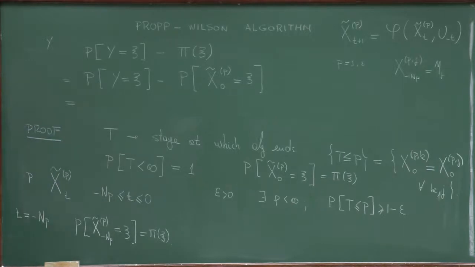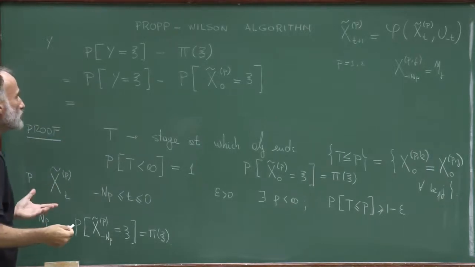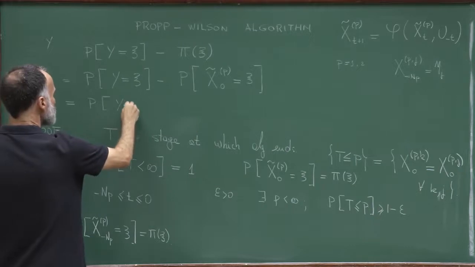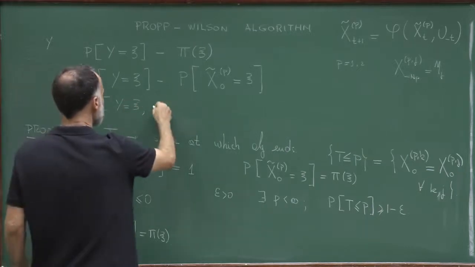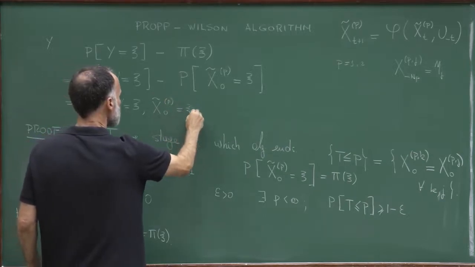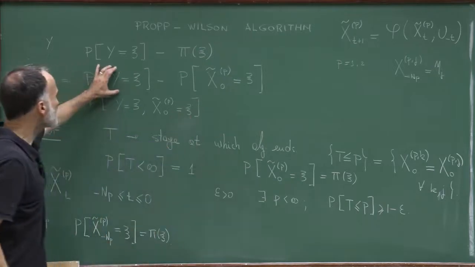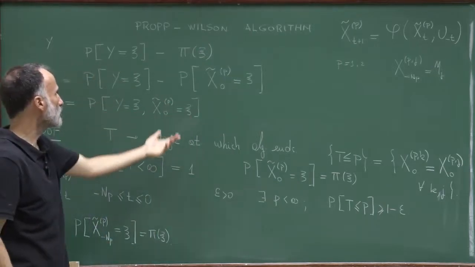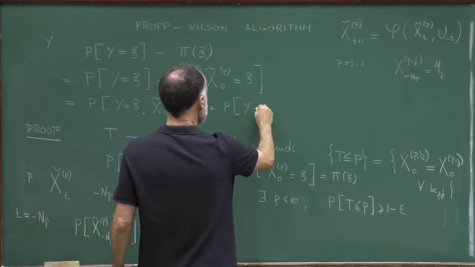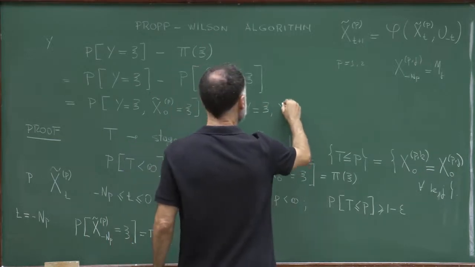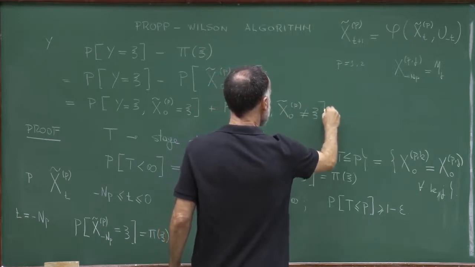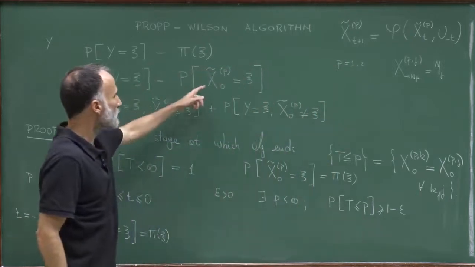Now, I can rewrite this difference as the probability that Y is equal to xi and x tilde p at 0 is equal to xi. So I'm decomposing this event according to this event or its complement. And the probability that Y is equal to xi and x tilde p at 0 is different from xi. And I will do the same thing for the second probability.